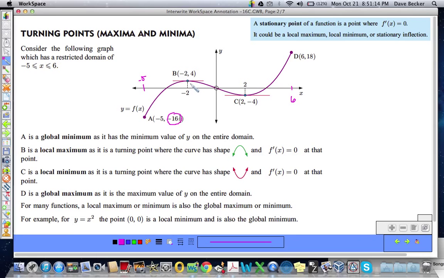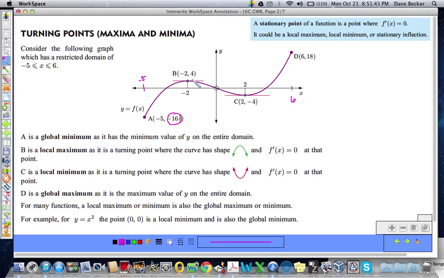Then we move to B. It is a local maximum, as it is a turning point. Okay, what in the world does that mean? Well, if you just look at it, you can clearly see that in this local area right here, it is the highest point. But what makes it a local maximum is that the graph changes from increasing to decreasing at that point.